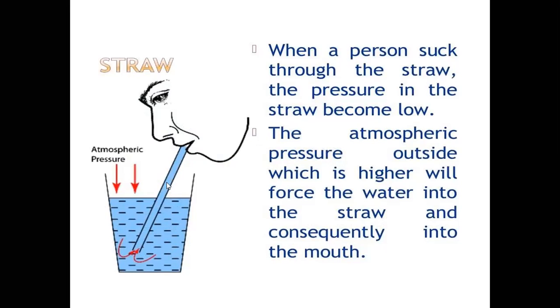Low amount of air means there is low pressure. In the glass there is high pressure because atmospheric pressure is pressing on the glass, and due to this the liquid goes inside the mouth because we made the pipe pressure low by pumping out air.